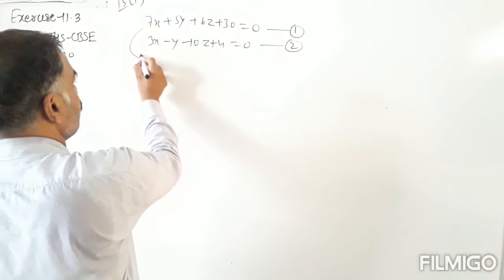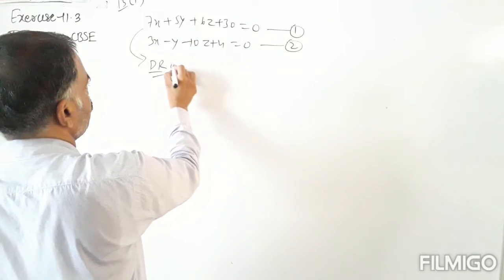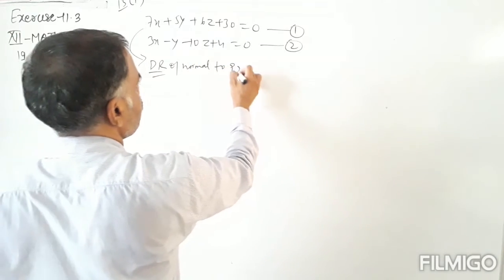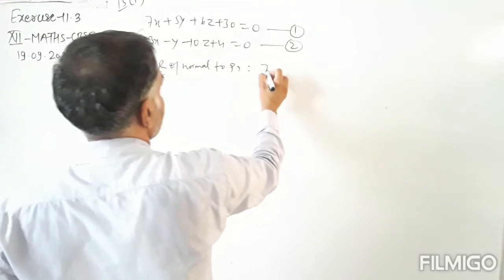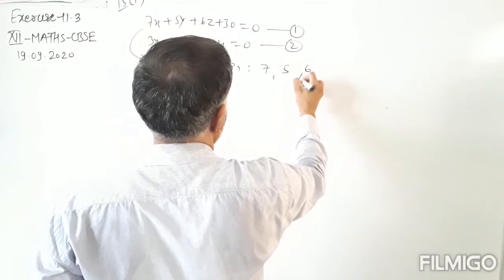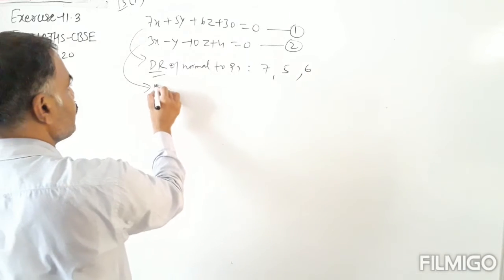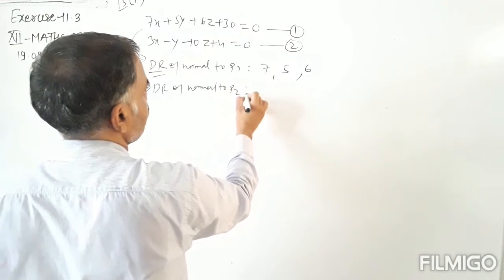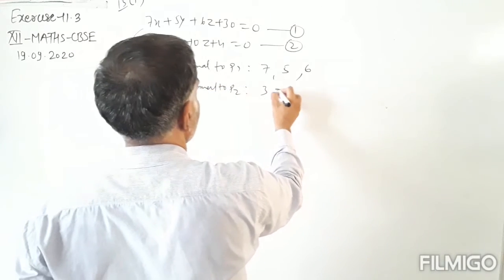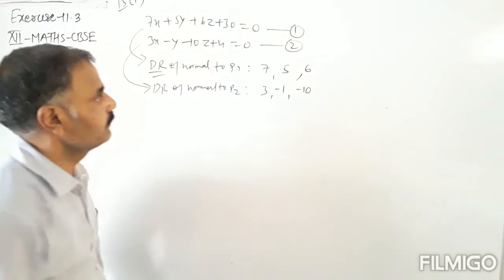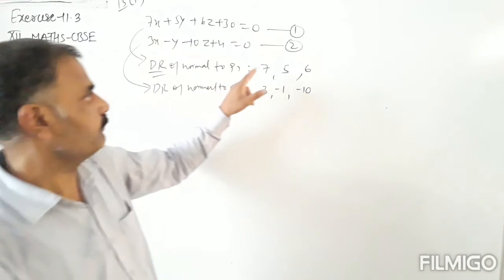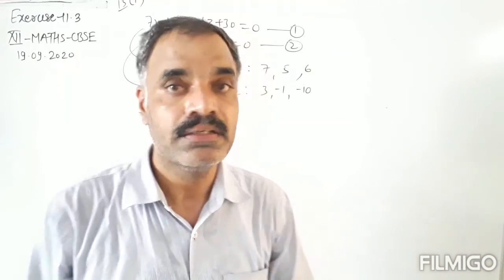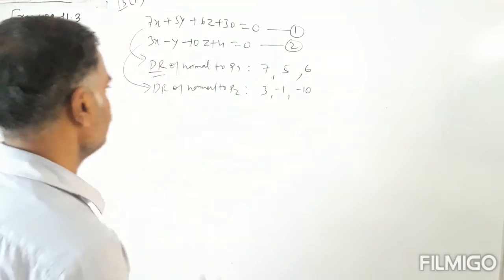The direction ratios of the normal to the first plane are 7, 5 and 6, and the direction ratios of the normal to the second plane are 3, minus 1 and minus 10.